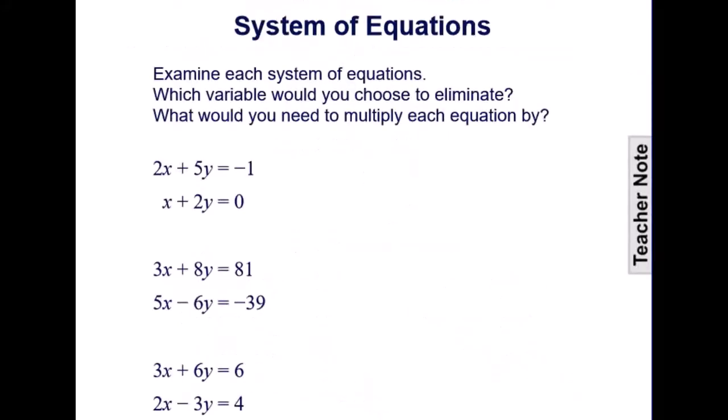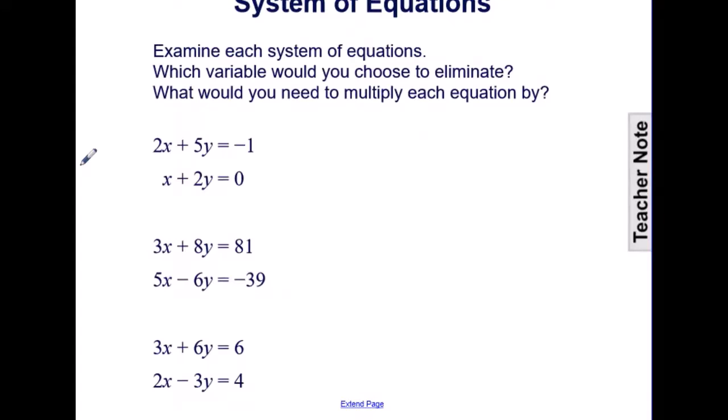For each system here, you have to start to solve using elimination by asking which variable you would eliminate. Since none of these systems automatically have opposite coefficients or even the same coefficient, you have to ask yourself what you would need to multiply each equation by. Again, there's no right or wrong answer as long as you end up with those opposite or same coefficients.